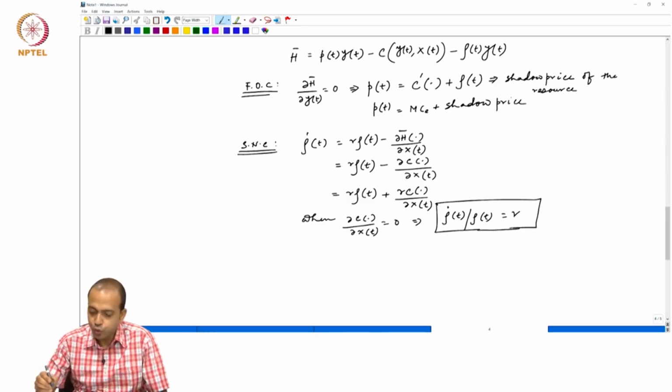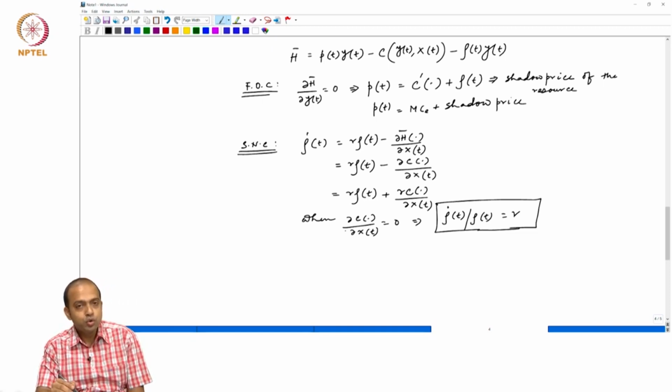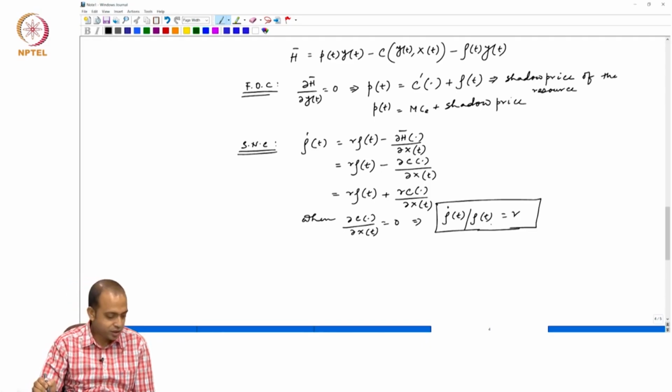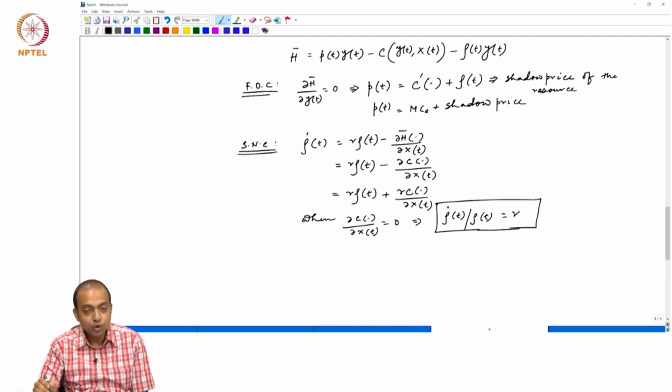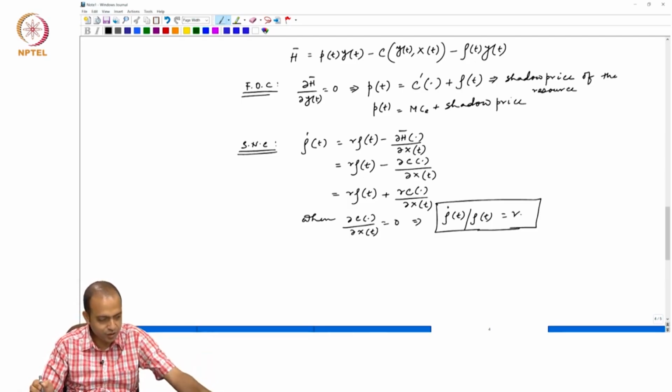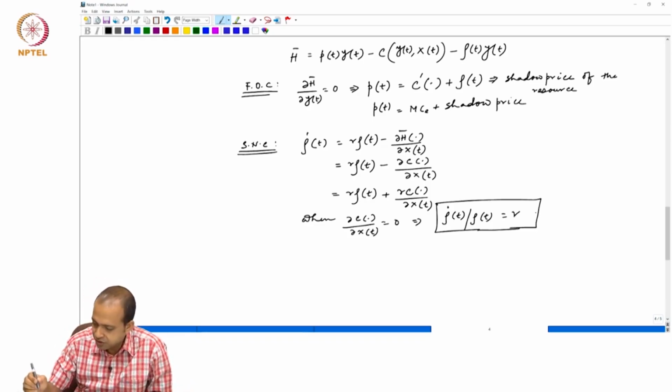So, that means when there is no stock effect on cost of extraction, shadow price should grow. What is rho dot t divided by rho t? This is basically the growth of shadow price. So, when there is no stock effect on cost of extraction, shadow price should grow at the rate of discount. Okay? Shadow price should grow at the rate of discount, right.